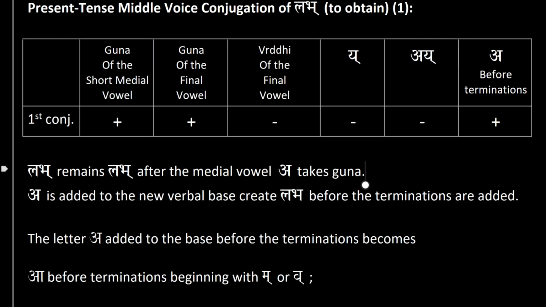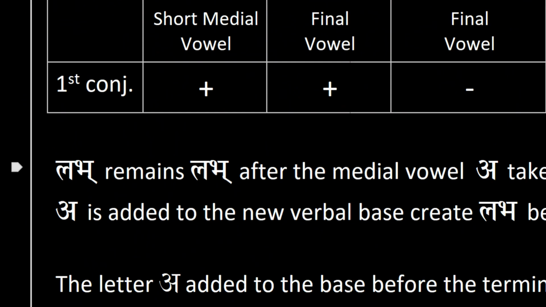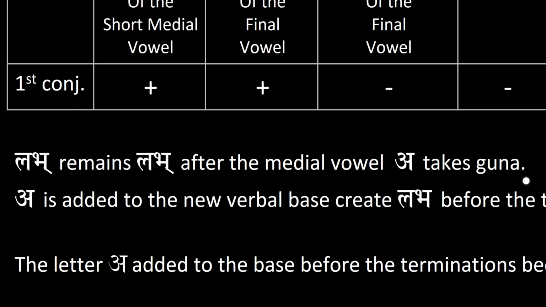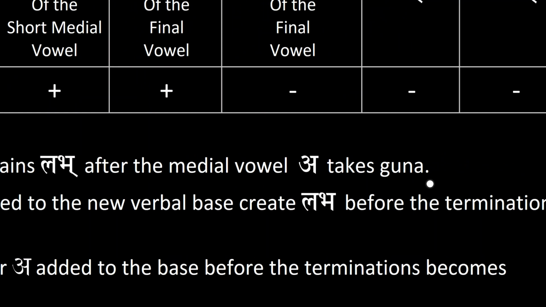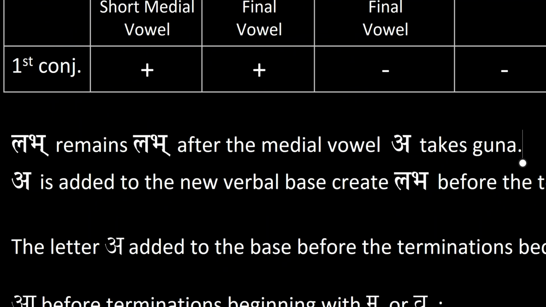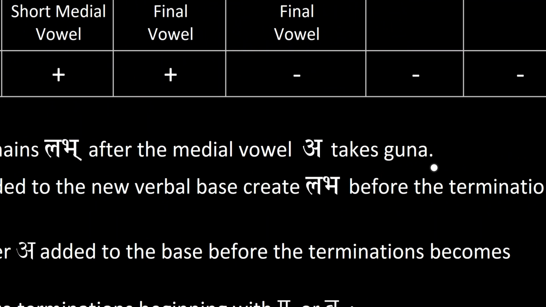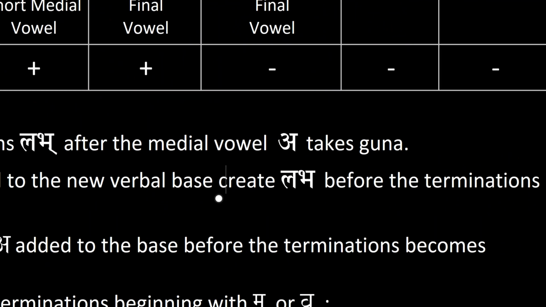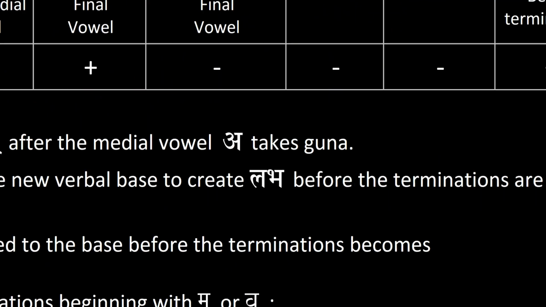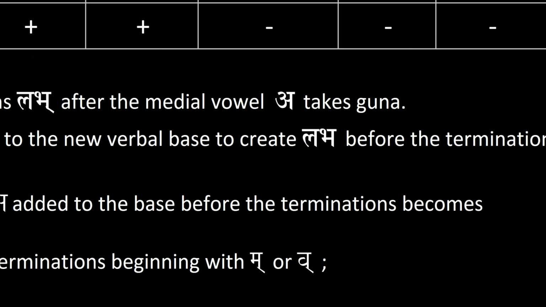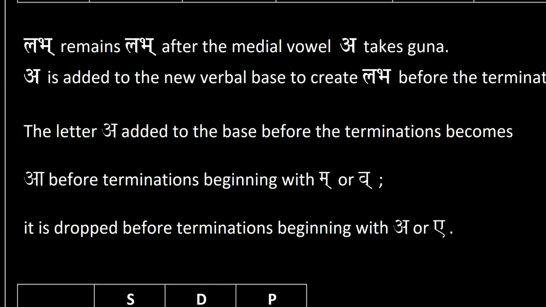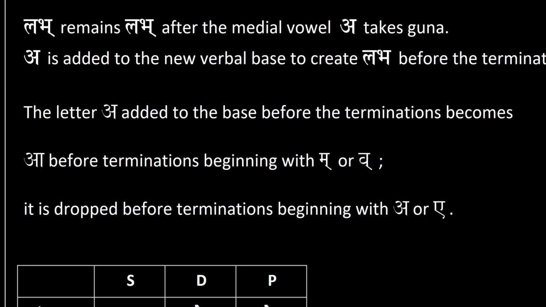So we have labh. If we follow the rules of the first conjugation properly, labh remains labh after the medial vowel a takes guna, because nothing happens to it. And then a is added to the new verbal base to create labha before the terminations are added. Remember, the letter a is added to the base before the terminations.